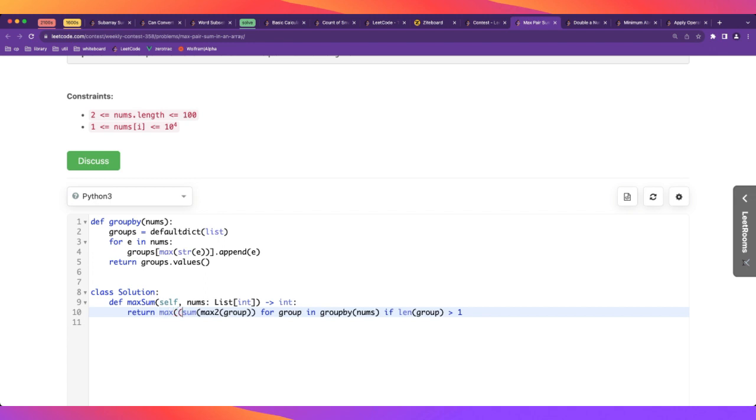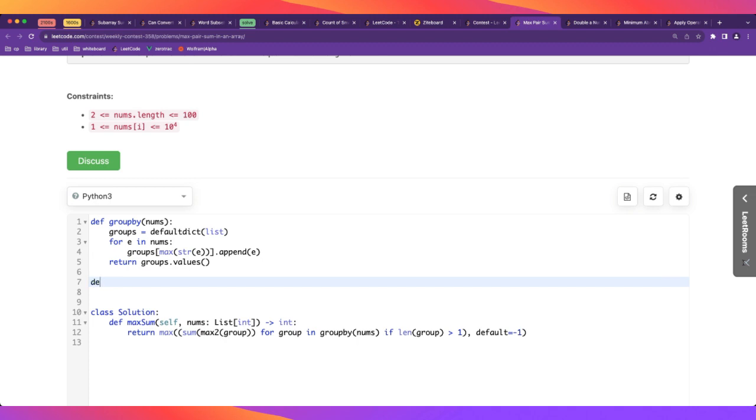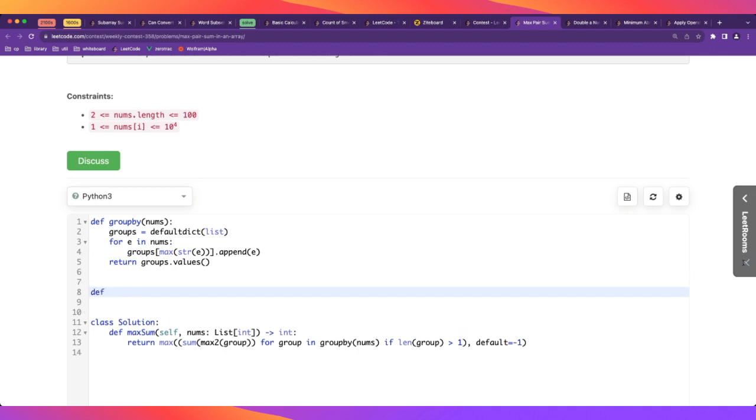And again, there's a case where there's none, and we want to return -1. Okay, so how do we implement this max2 function that we invented?